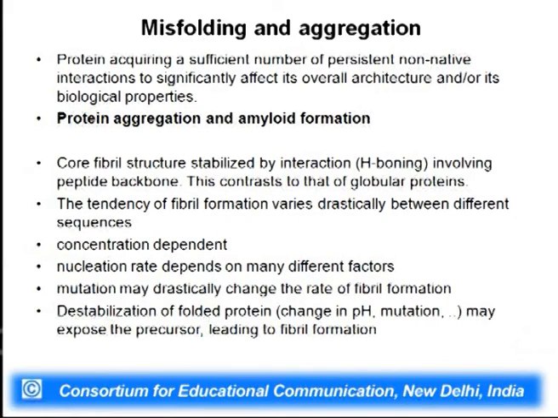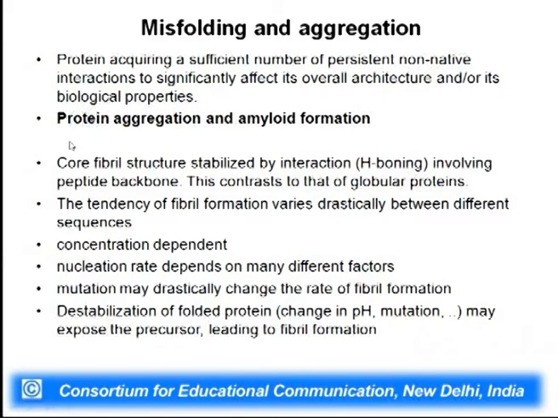So, now let us talk about misfolding and aggregation. If a protein acquires a sufficient number of persistent non-native interactions such that it significantly affects its overall architecture and biological function, then we call it a misfolded protein. These misfolded proteins will show aggregation, and aggregation by an autocatalytic mechanism can form amyloids and further fibrils.